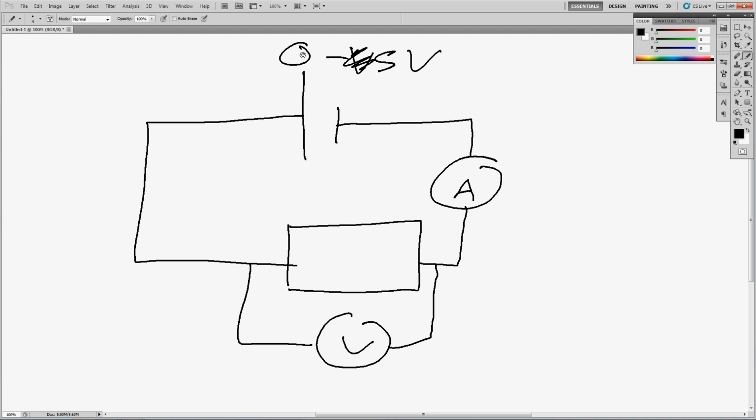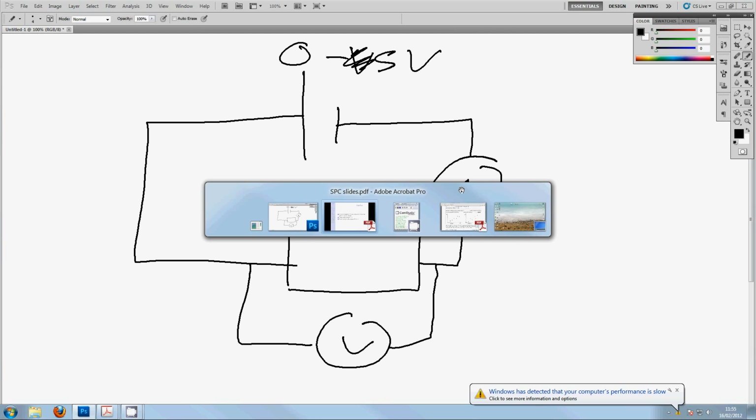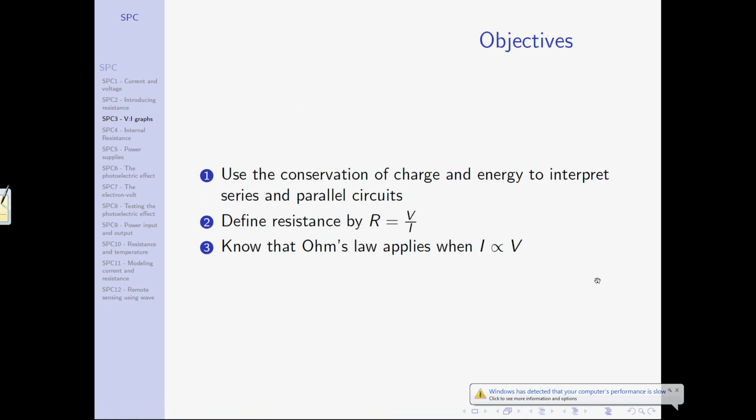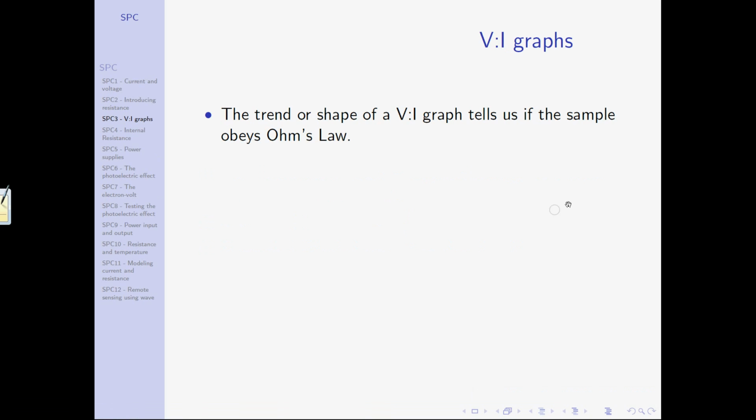We might have something that goes from 0 to 5 volts, and as we vary that, we change the voltage being put out, and therefore the voltage across the load, and we can measure the corresponding current that we get from that. So let's have a look at what we get.